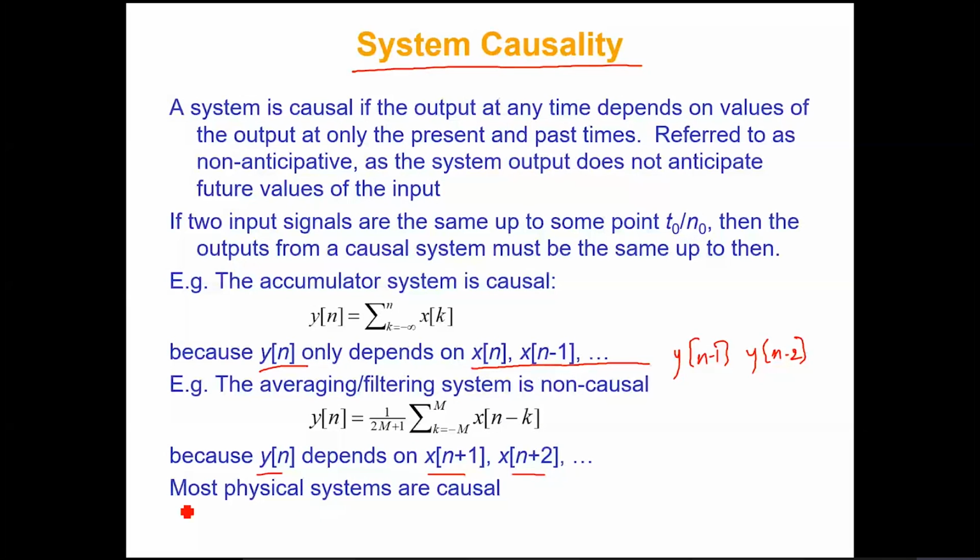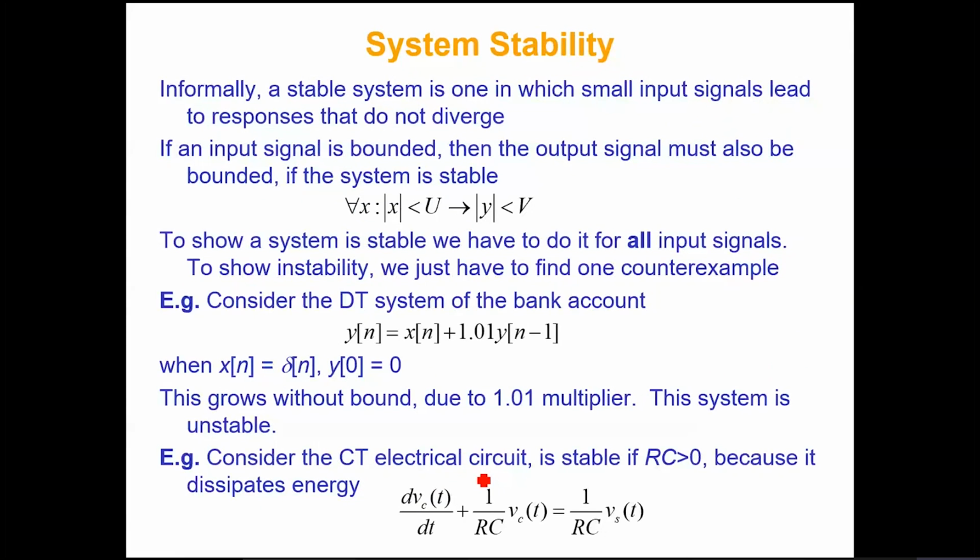And we mentioned this also, that almost all, if not all, physical systems are causal, because if you patch up a circuitry, it cannot really predict what future current or voltage would be. It will just give you a response based on present inputs or previous inputs. So that is the causality property and causal systems. We have covered it earlier. I'm just talking about it again here.